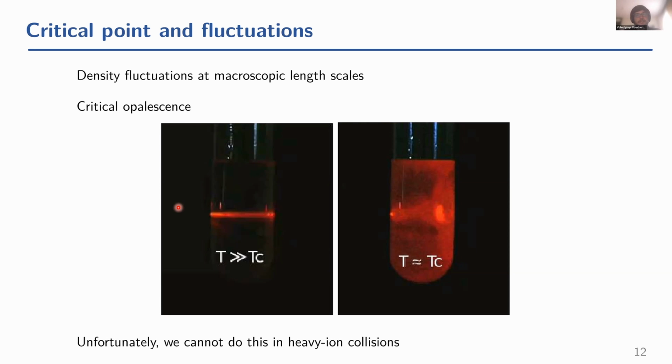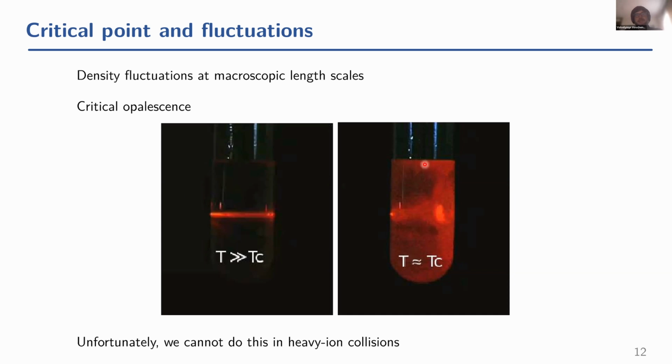But if you are close to the critical point, due to these huge density fluctuations, the laser will almost inevitably rescatter, because it will always find pairs of atoms with distances similar to its wavelength.